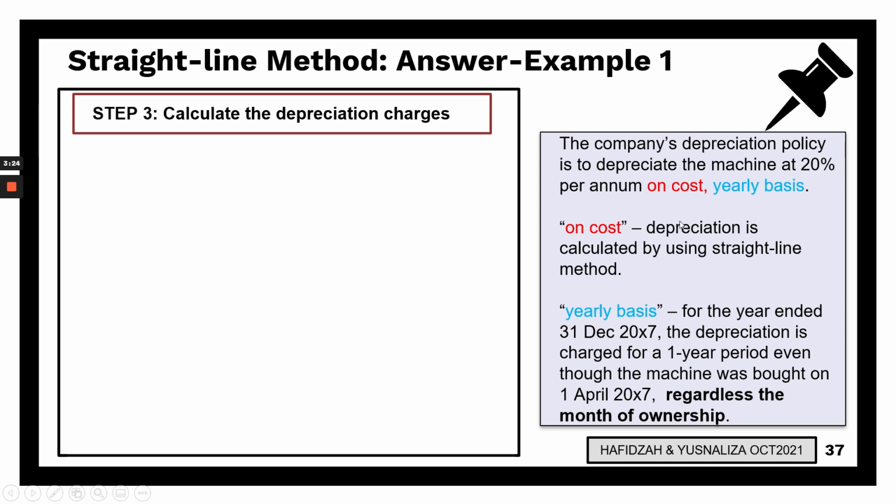Before that, I extract the information relating to example 1, where it was on cost. That implies the straight line method again, and a yearly basis, where you will charge a full year of depreciation even though the machine was bought on 1st of April. The year end is 31st of December, so for this period it was just around 9 months.